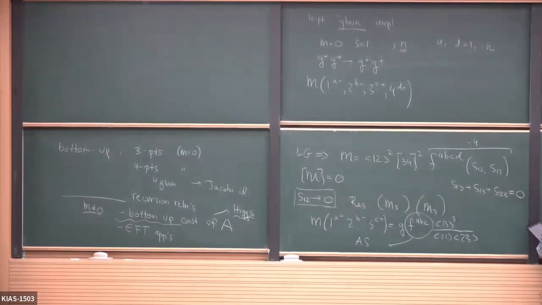So the residue here is given by the product of these two 3-point amplitudes, where here I have 1 minus, 2 minus, with the indices A and B. And let me label this momentum by P. Let me take these guys as incoming, and this as incoming too.